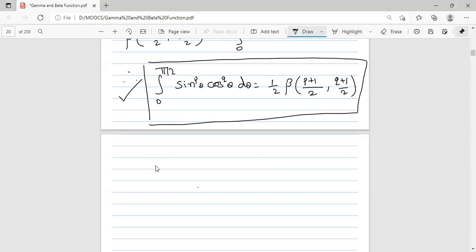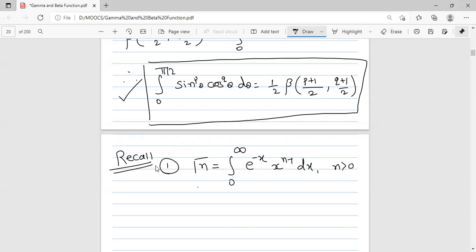Hello friends, up till now we have covered the gamma function and we have introduced the beta function. In the gamma function, one beautiful thing is that as per the definition, gamma n is the integral from 0 to infinity of e raised to the power minus x into x raised to the power n minus 1 dx.